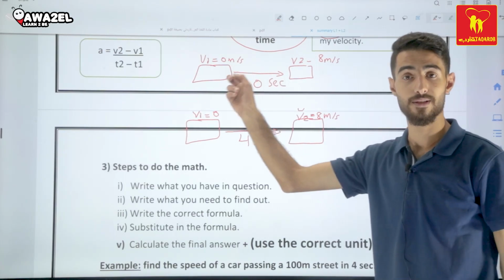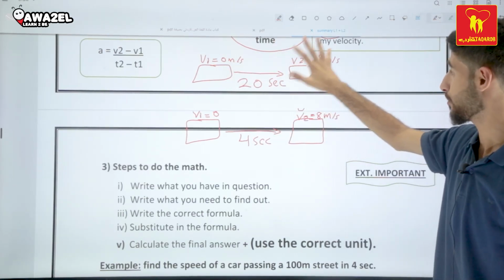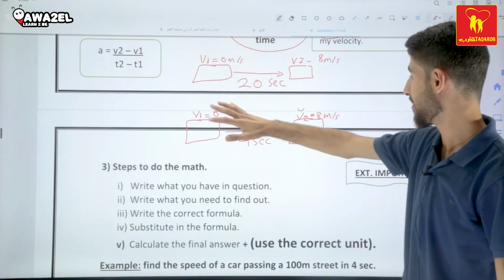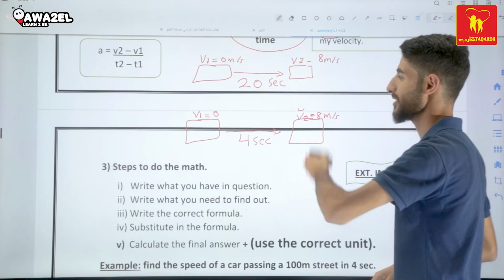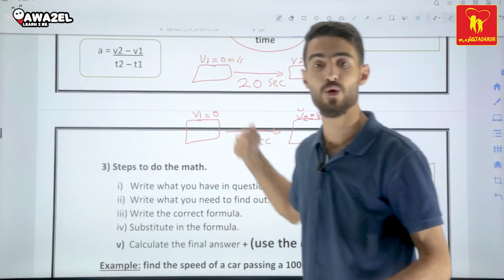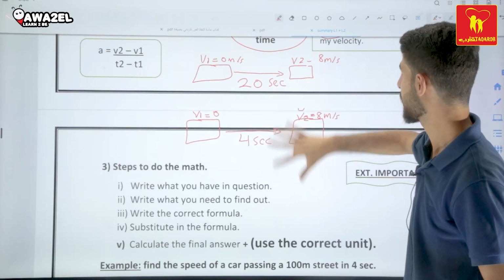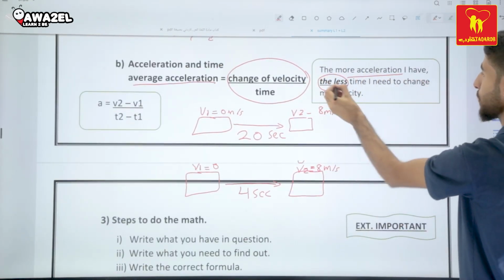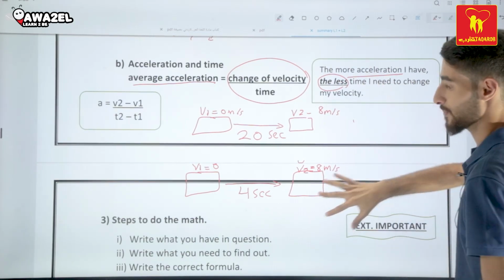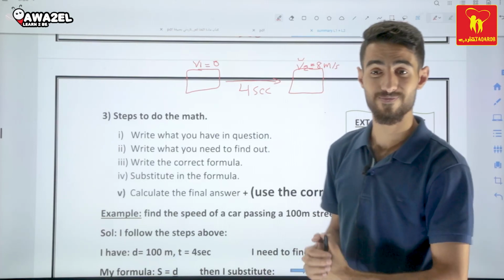Here, it took me 20 seconds to reach 8 meters per second from rest. And here, it took me only 4 seconds, which means I accelerated faster here. I gained more velocity here than this, okay? So, go back to my relation: the more acceleration I have, the less time I need to change my velocity. Deal? So easy, so logical.